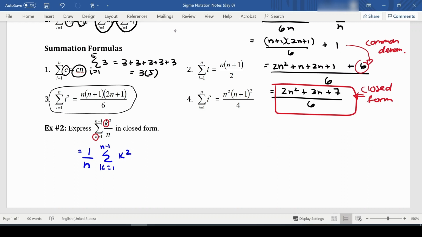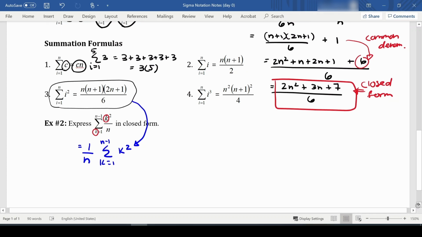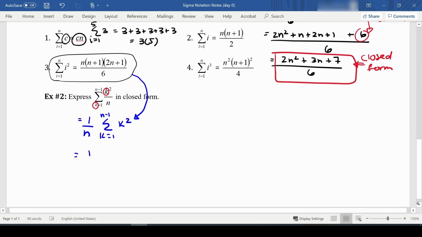Now, normally we have this lovely formula that says if we're going from 1 to n of i squared, then we have n times n plus 1 times 2n plus 1 all over 6. The problem here is that we are not going up to n. We are going up to n minus 1.